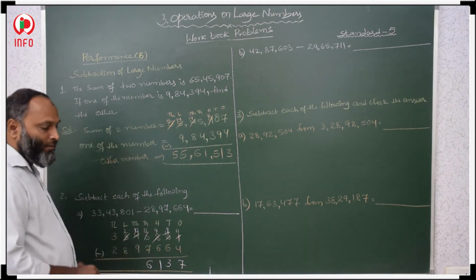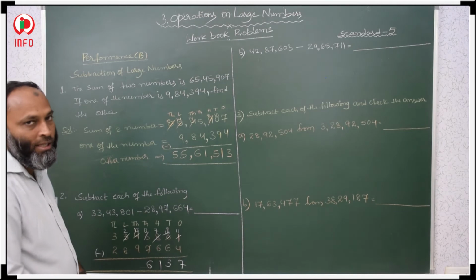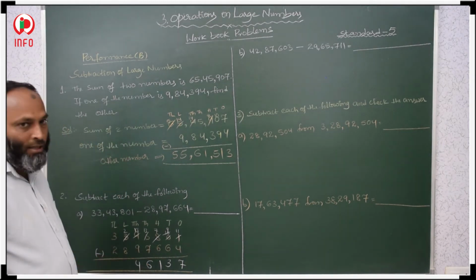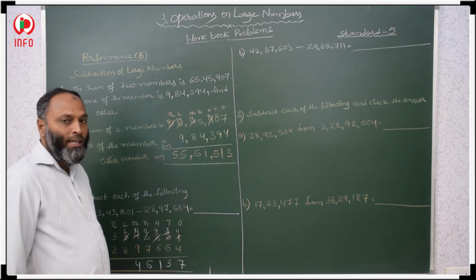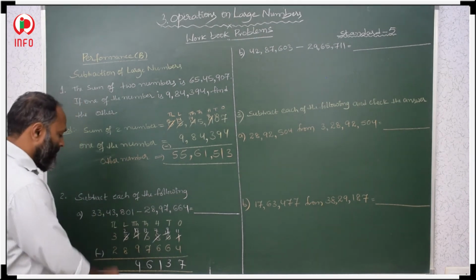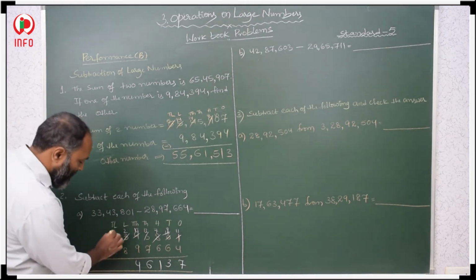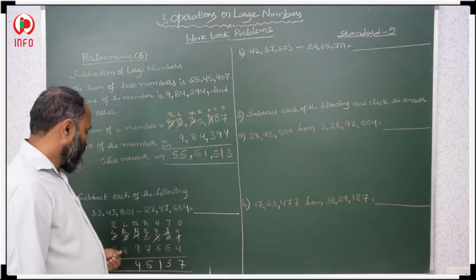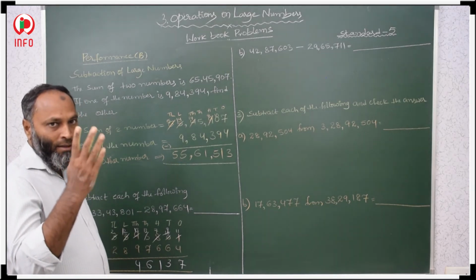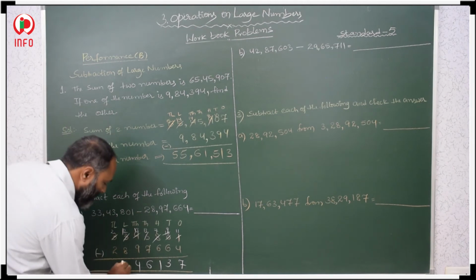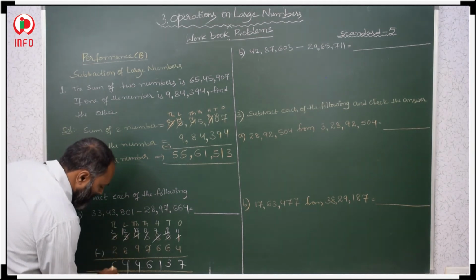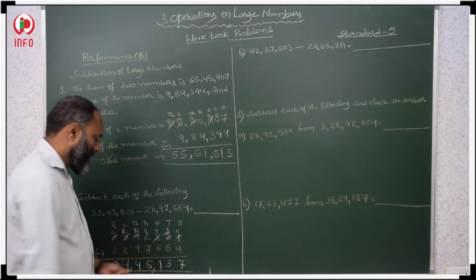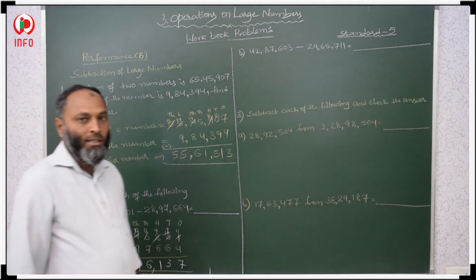Here increase by 10. 13 minus 9 is 4. 2 minus 8. 2 is smaller. Again you take borrow from the next place. It will decrease by 1. It will increase by 10. 12 minus 8: 9, 10, 11, 12, that is 4. Here 2 minus 3 is 0. So 4,46,137. This is our difference.